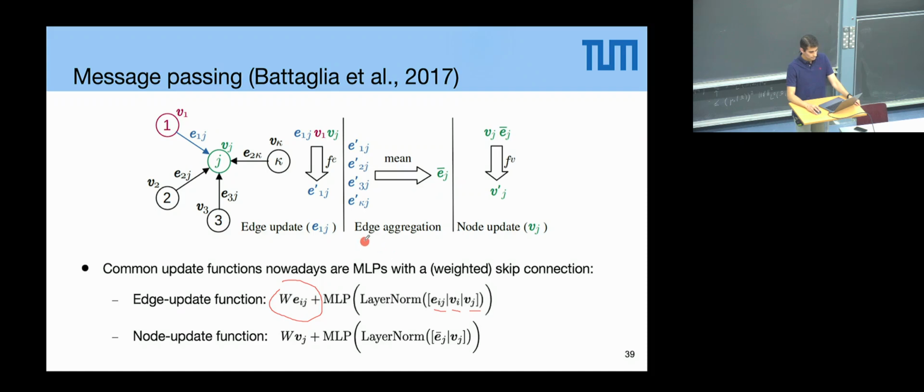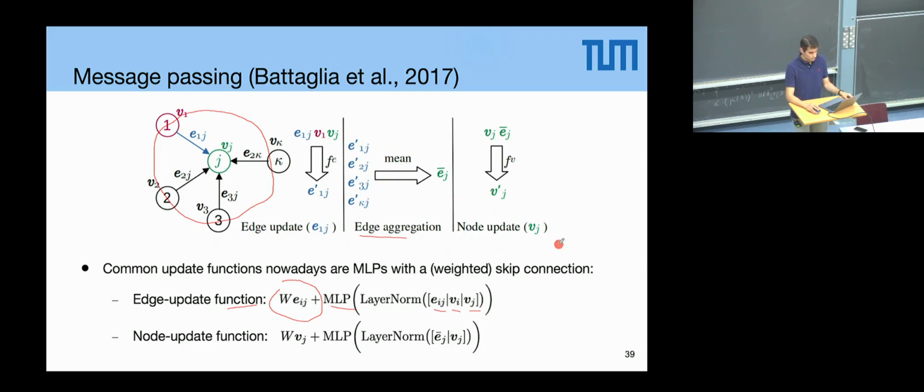This step here, the edge update function, we apply it in parallel to all the edges. For that, we can use the batch dimension of the MLP. Then we have the edge aggregation. For each node, we consider its neighbors, and we apply some permutation invariant function, generally the summation or the mean of those messages.